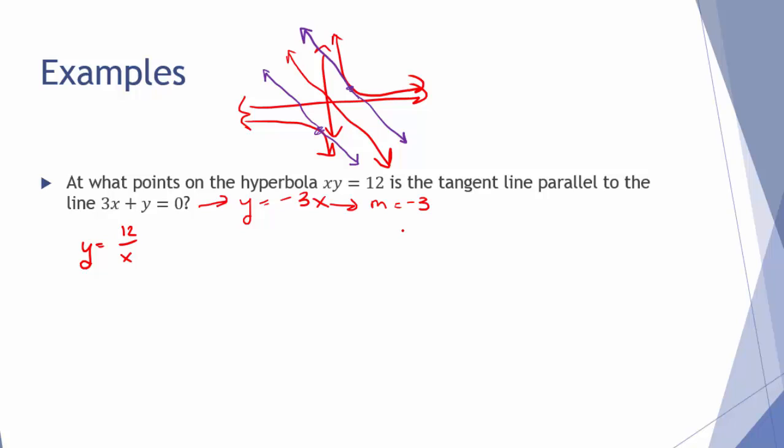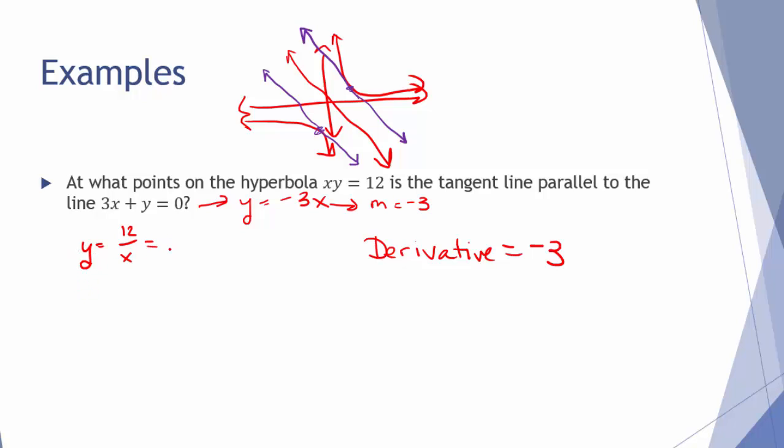Slope of your tangent line is also known as the derivative, and the slope of this line is negative 3. So the strategy to answering this question is going to be taking your derivative and finding out where it is equal to negative 3. If you want to know where your derivative is equal to negative 3, set it equal to negative 3.